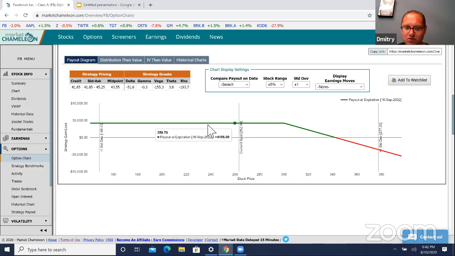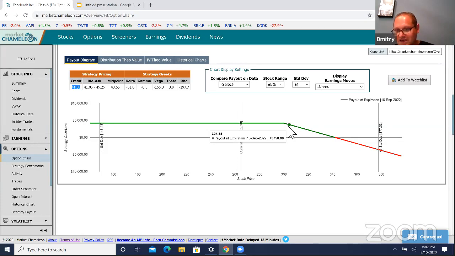If all you did was sell that call, and the stock goes lower or stays the same at expiration, you just kept the entire premium, $41.85. As long as it stays below the strike, you keep that entire $41.85. Once it starts going above 300, you start losing that intrinsic value, because he's going to exercise it. So you have to sell it to him at $300.